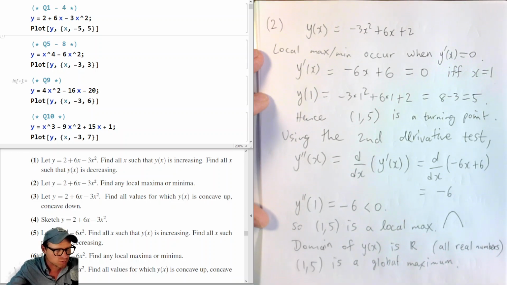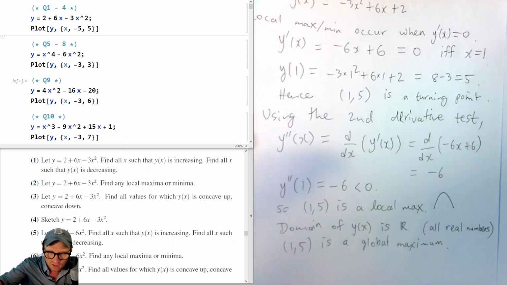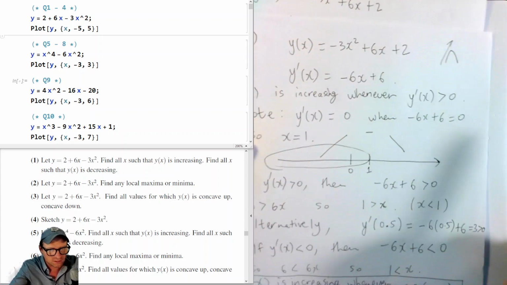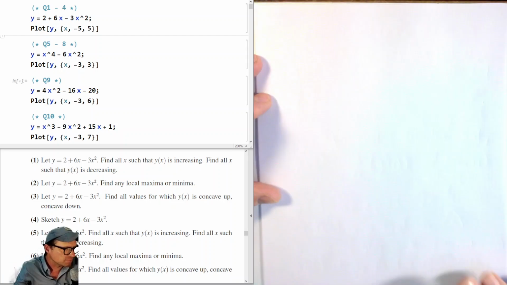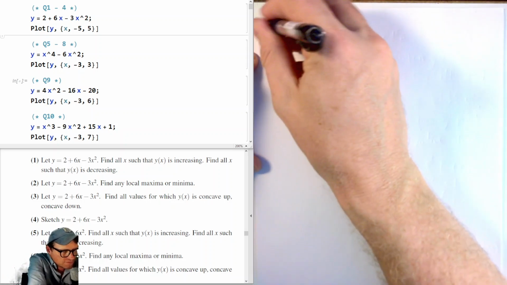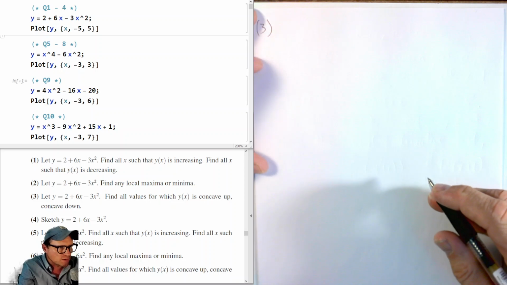And again, keep this one aside because we found that 1, 5 is a global maxima. And here we know what the slopes look like. So what remains here? Well, question 3 asks us to find all values of x for which y is concave up.